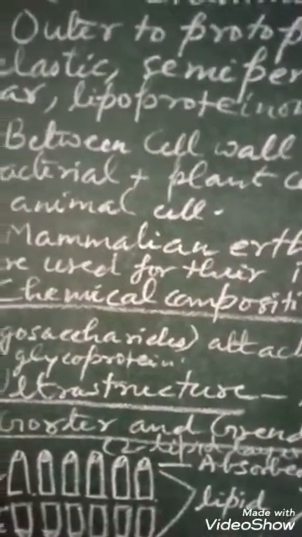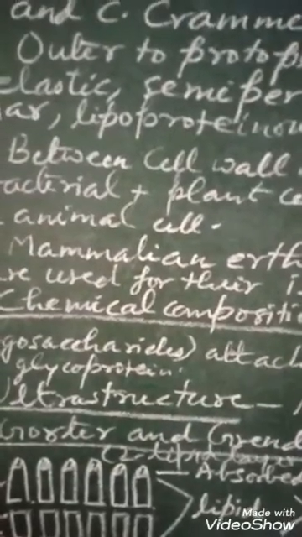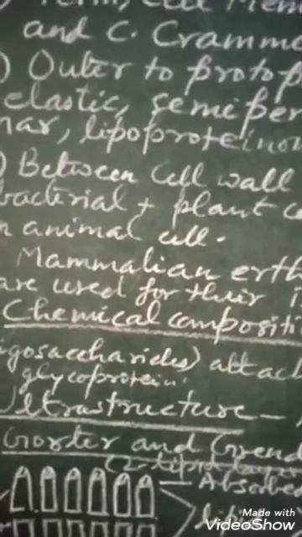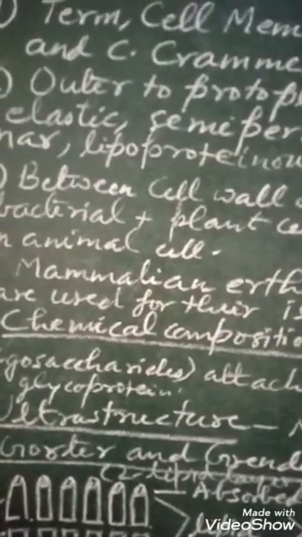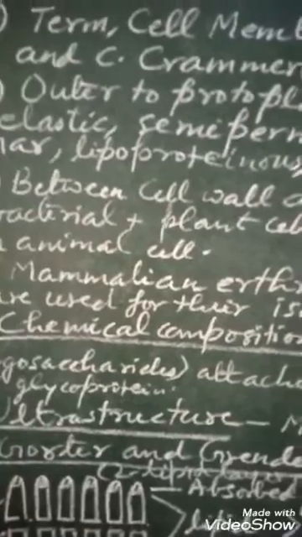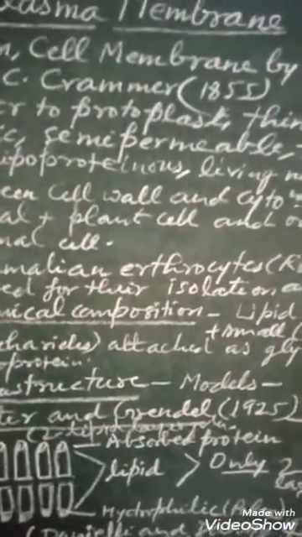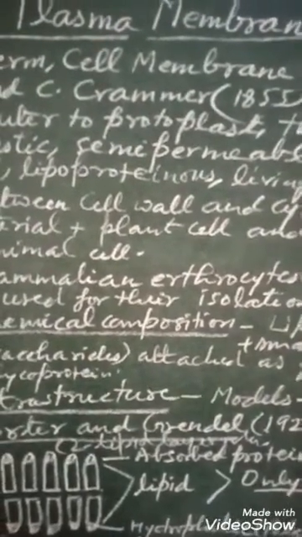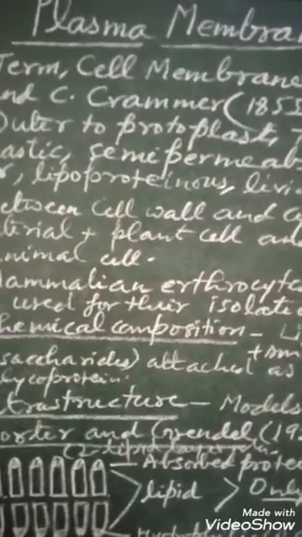Now this lipid and protein ratio is variable in different plasma membranes. Myelin is an exception, which has more lipid than protein, while other cell membranes have higher protein than lipid in the lipid-protein ratio.